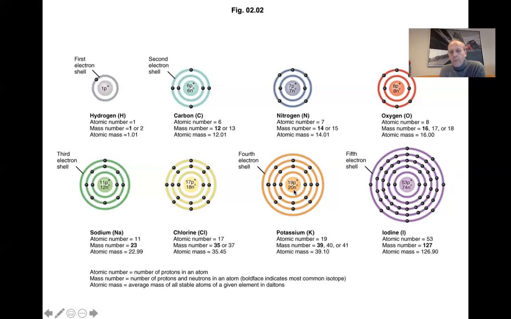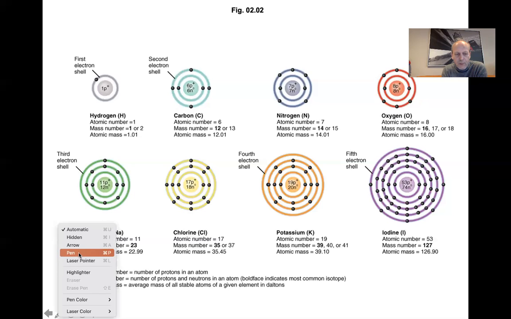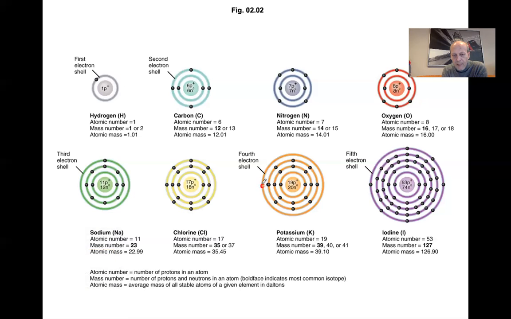Just to confirm, potassium with 19 protons in its nucleus: 2, 8. In the third shell, we have 8. The fourth one hasn't been properly illustrated, so we're going to do something on our own. We're going to put here the 19th electron that should be in the fourth electron shell.